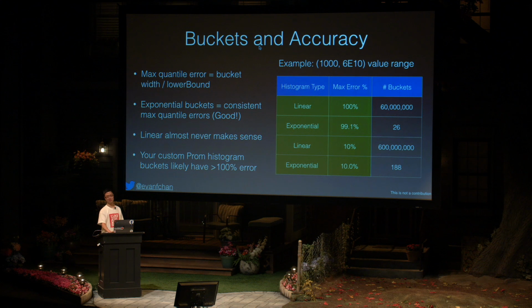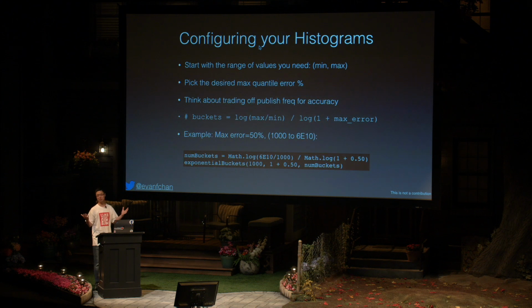This is what I recommend, a methodology for configuring histograms. First of all, start with what you believe is a reasonable min and max value. Then pick the maximum amount of error you're willing to tolerate. Then you can use this formula that I've come up with, which is basically some basic logarithm math. This is the only other formula I think I have in here.